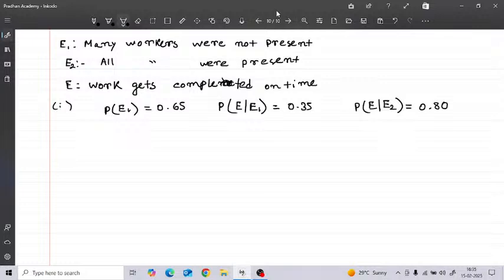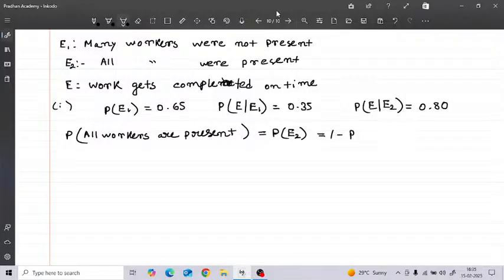Now first we have to find the probability that all workers are present. That is nothing but the probability of E2, and this is the complement of the probability of E1. So that is 0.35.